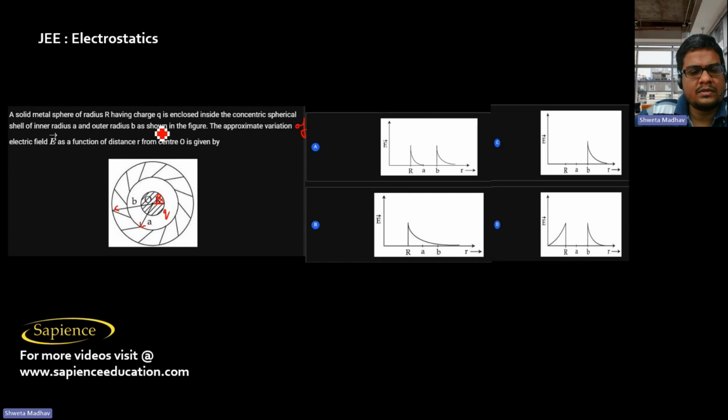The concentric spherical shell of inner radius a and outer radius b. It is a metal sphere.